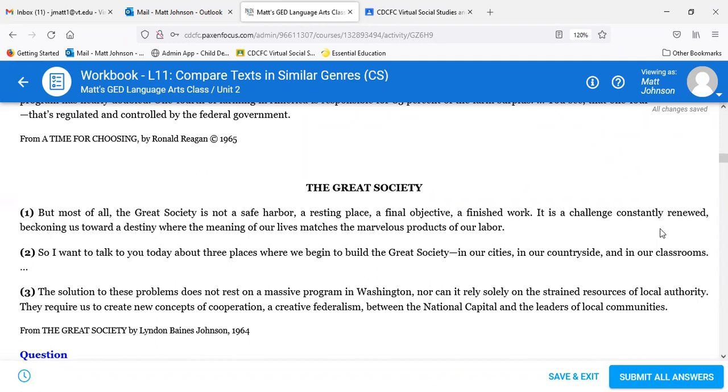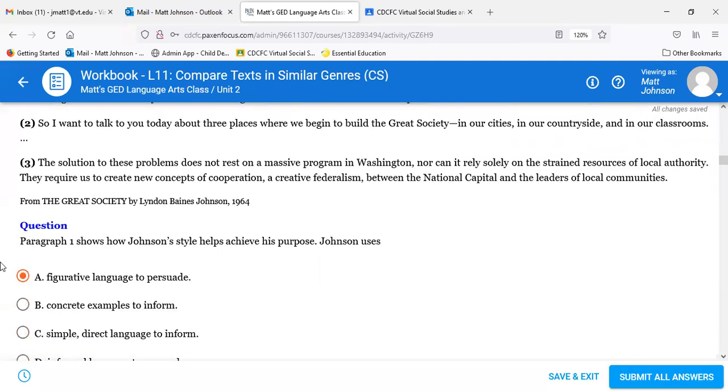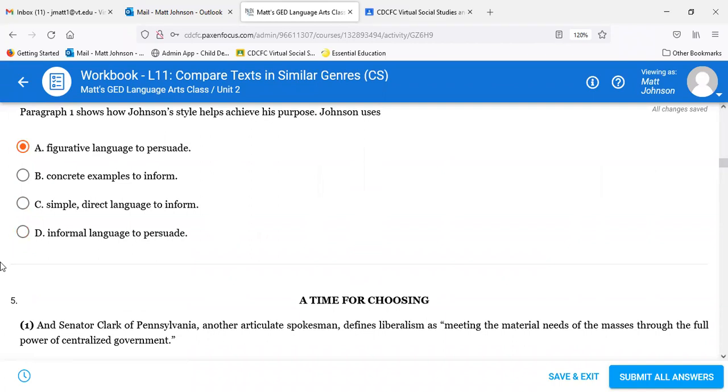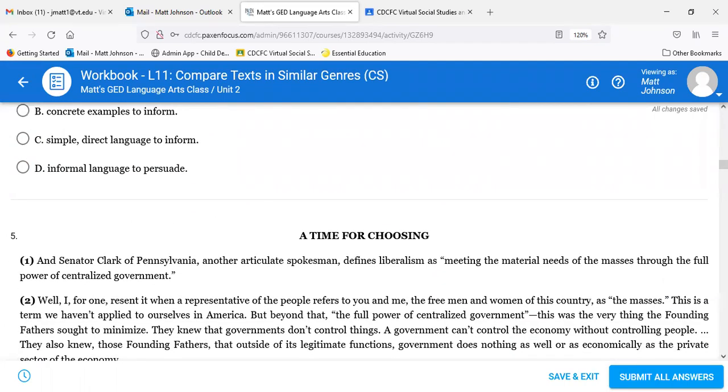So it's a challenge constantly renewed. So talking figuratively about what the Great Society means, toward a destiny. That's the idea of figurative language, right? Figuratively speaking, comparing it to something that's a lot different. So 4 is A, as opposed to literal.